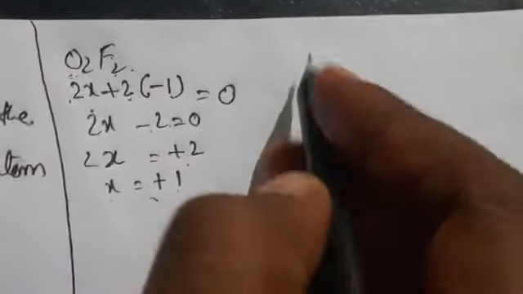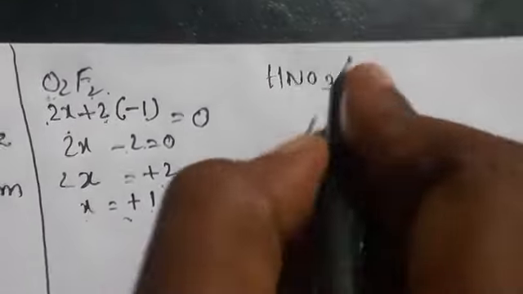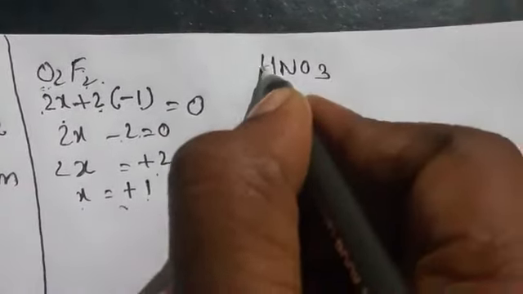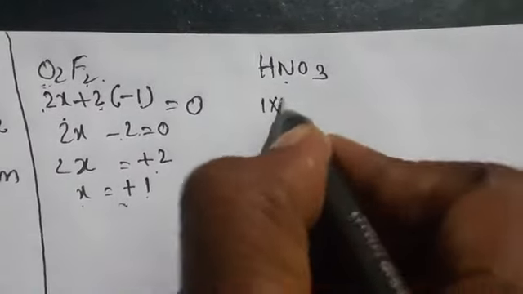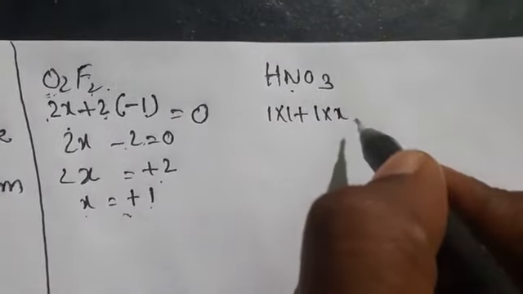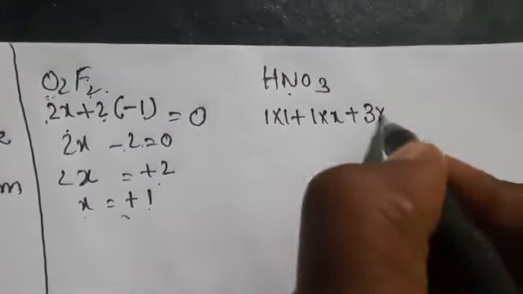If you take HNO3 and want to find the oxidation state for nitrogen: for hydrogen, the oxidation state is 1, so 1 into 1 plus 1 into x. Why? Because 1 nitrogen plus 3 oxygens into -2.